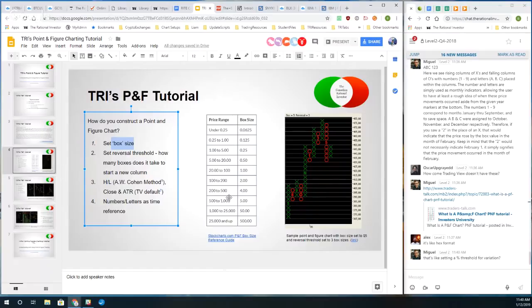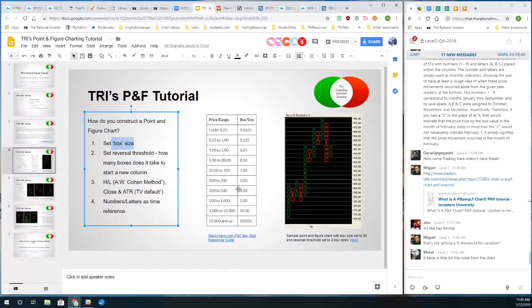Ironically enough, in this world of point and figure charting, they don't really expect assets to move that dramatically. But if they do move into a new range, you may have to actually start up a whole new chart, and we'll get to that in a minute, how these look.